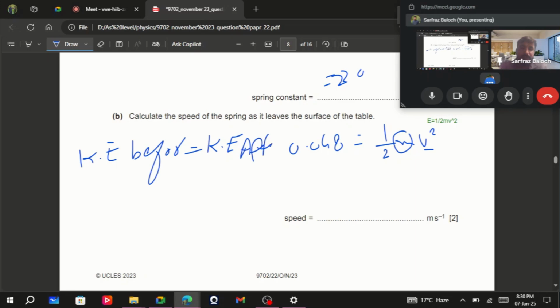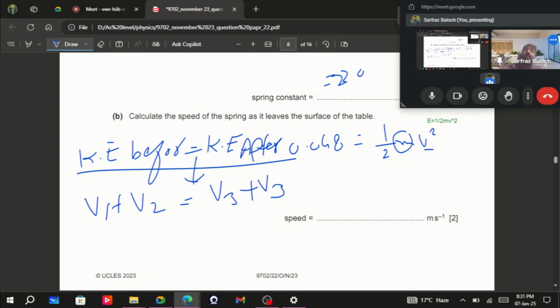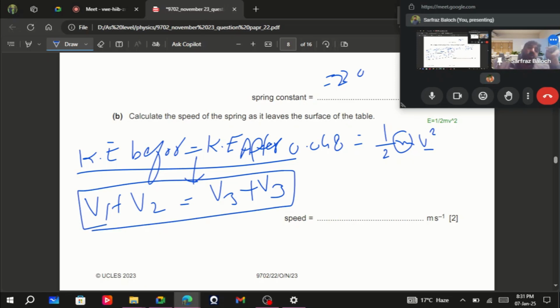One thing more: from this we have deduced that the sum of velocities before must be equal to the sum of velocities after. So from the law of conservation of energy, you can also deduce that the velocities before collision equal the velocities after collision.